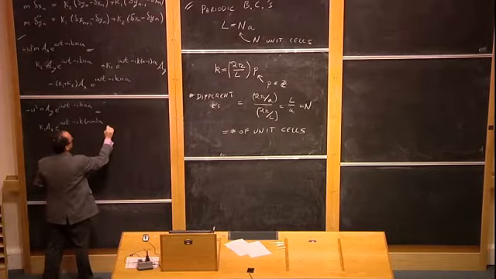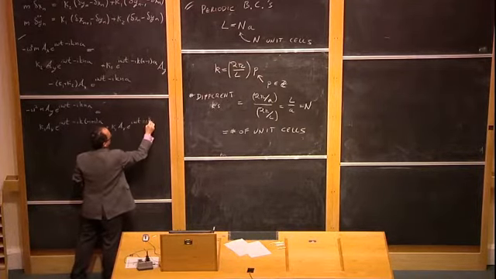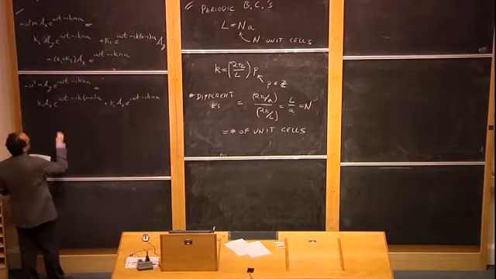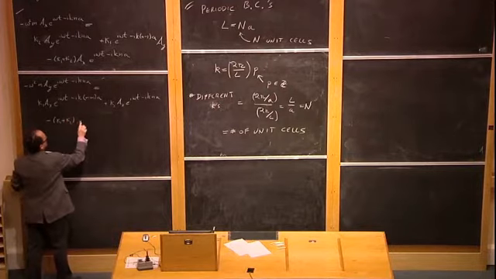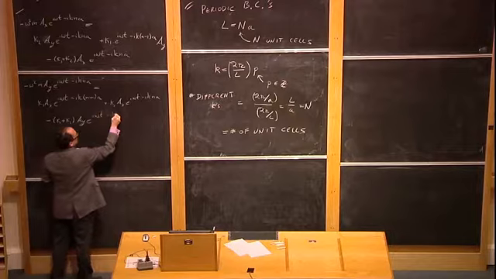And then we have plus kappa 2 ax e to the i omega t minus i k n a, and then the two y terms, minus kappa 1 plus kappa 2 ay e to the i omega t minus i k n a.